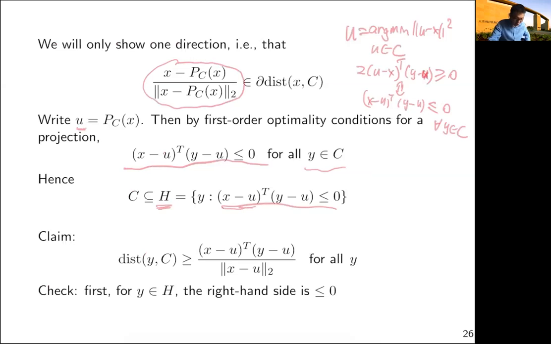We'll be proving that this inequality says the distance from this alternative point y to C is larger than whatever is on the right hand side, for all y. For now let's live with this, and it will be clear momentarily why we want to prove such a thing.